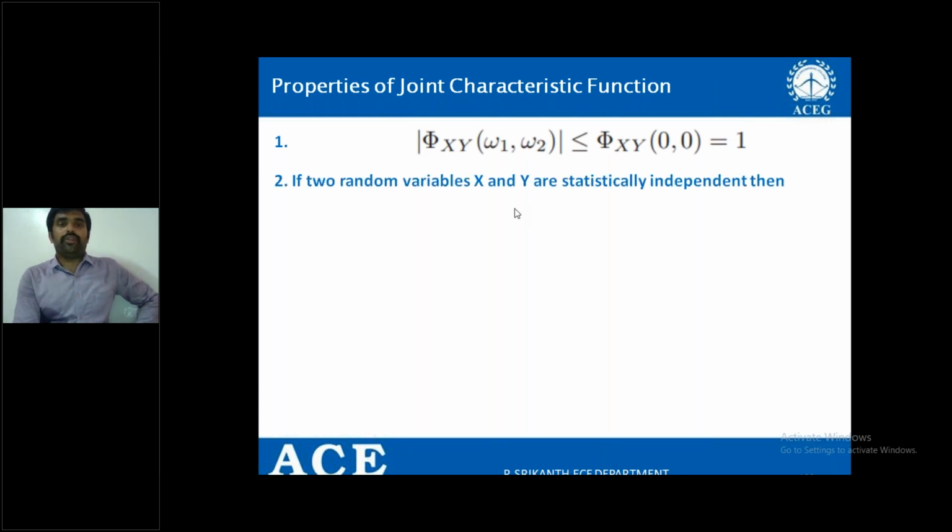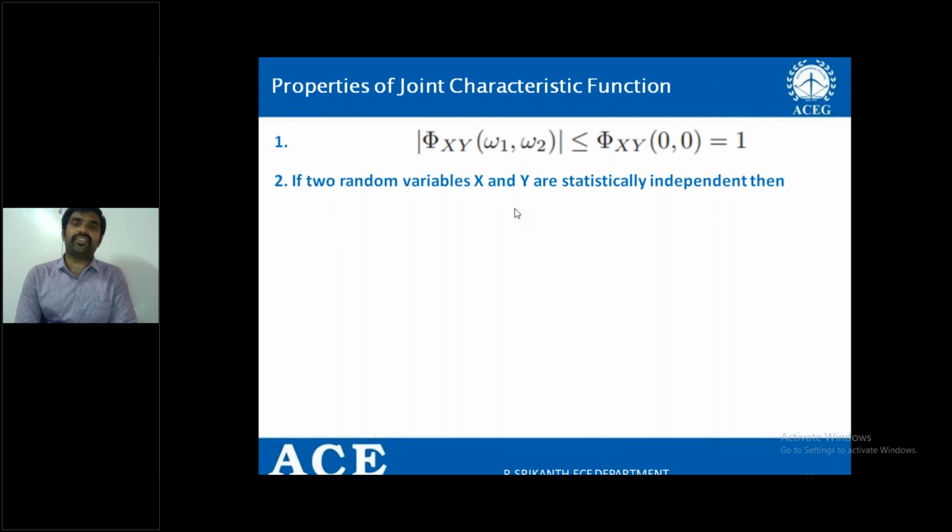Now coming to the second property, if two random variables x and y are statistically independent. We have discussed that two random variables are said to be statistically independent if the joint density function equals the product of the two marginal density functions, that is fxy of x comma y equal to fx of x into fy of y.